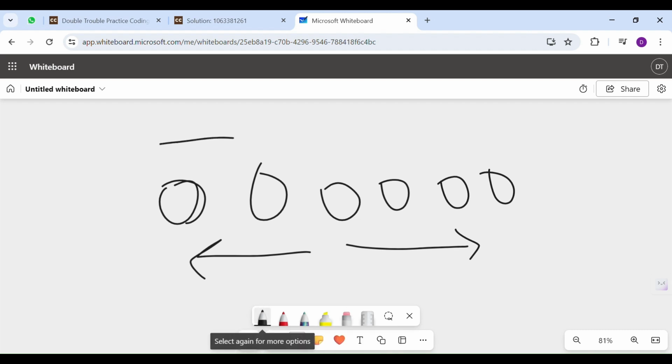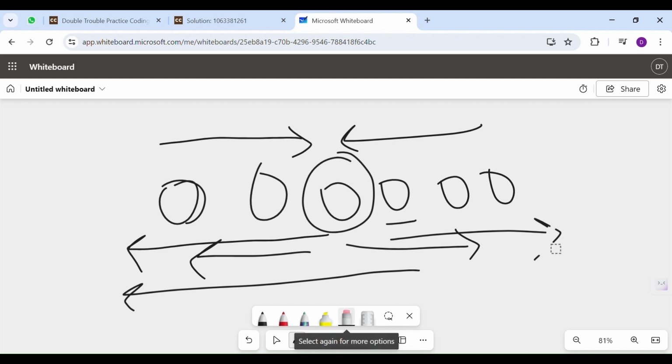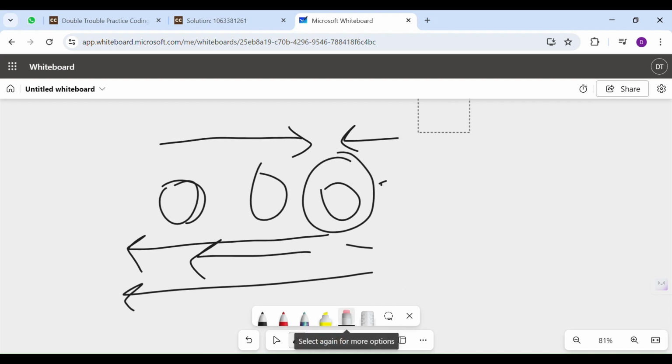Basically, if you are choosing this ball, then you want to check if you push this ball to the left and the next ball to the right, or reverse, this to the left and its next to the right, are you able to collide all balls or not. So this is how we will be going forward for it.